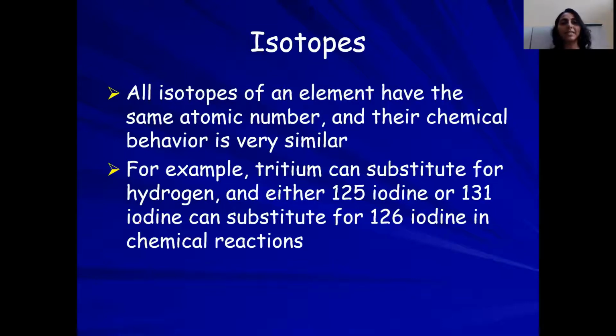For example, tritium can substitute for hydrogen and either iodine-125 or iodine-131 can substitute for iodine-126 in chemical reactions. So tritium and deuterium are isotopes of hydrogen, and iodine-125, iodine-131, and iodine-126 are isotopes of iodine.